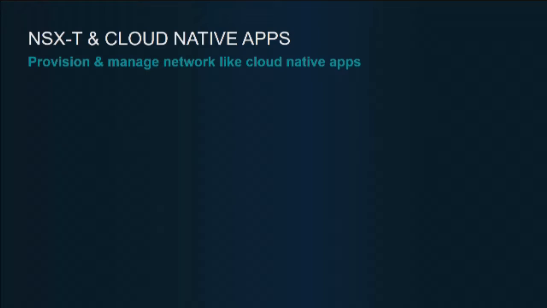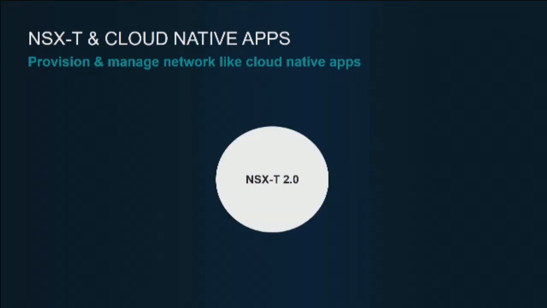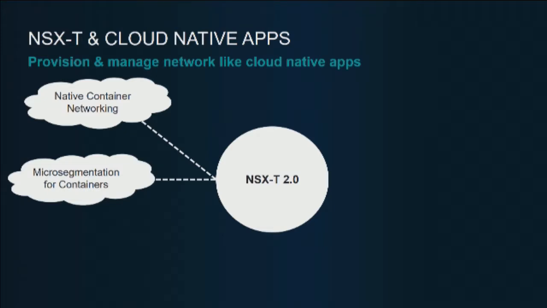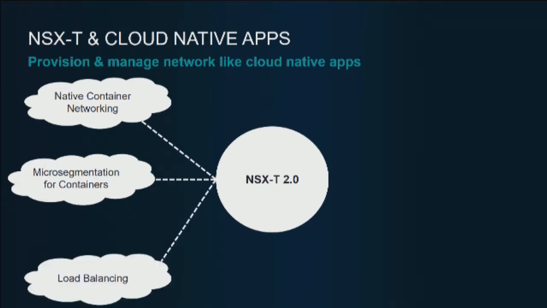How can networking also look like cloud native infrastructure was the problem statement we were looking at, and all of that has gone into NSX-T. We'll look at that today. NSX-T offers a native container networking stack. It offers the ability to do security at the container granularity. For a lot of customers, the lack of network segmentation is one of the major challenges for doing containers and the proliferation of containers. We'll see how NSX-T tries to solve some of that.